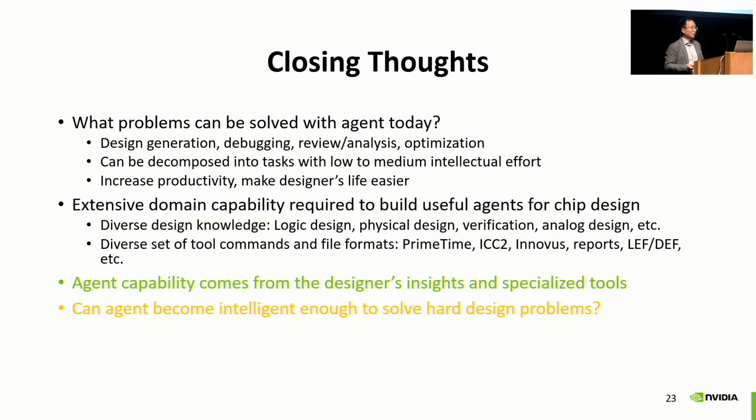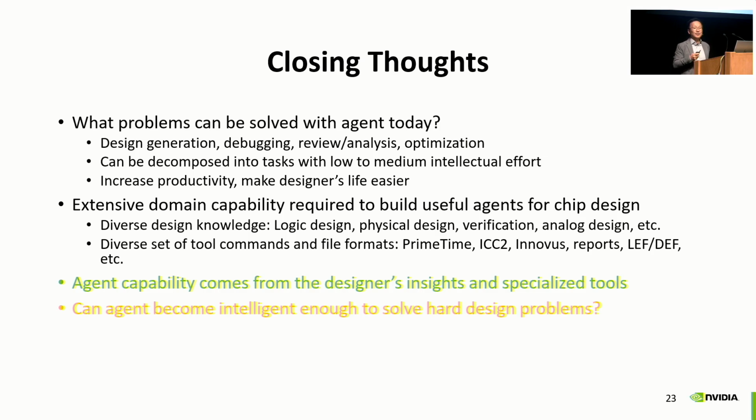Okay, so I think I concluded the agent introduction. Here are some closing thoughts. What kind of problems can be solved with agents today? I think a lot of assistant problems can already be solved by agents today, like design generation, debugging, review, analysis, even optimization.